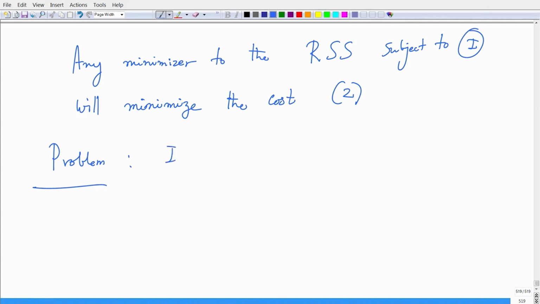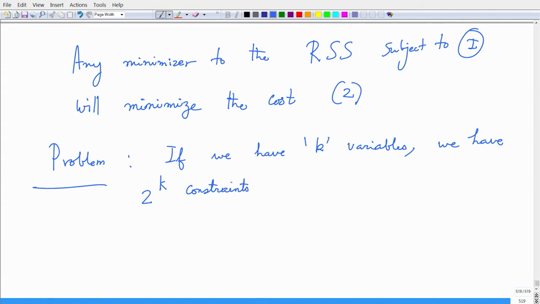So, if we have k variables, we have 2 power k constraints, and this implies it is an exponential increase in complexity.